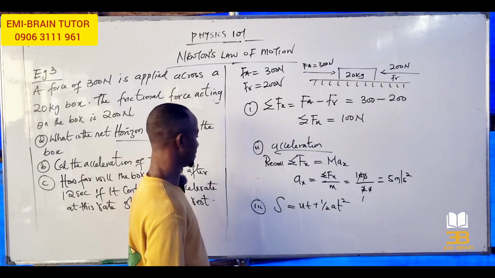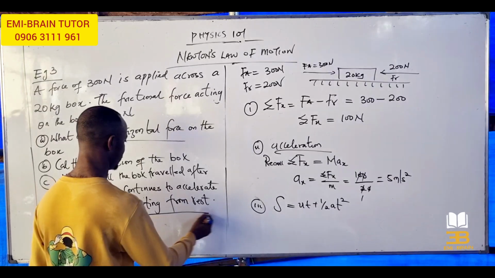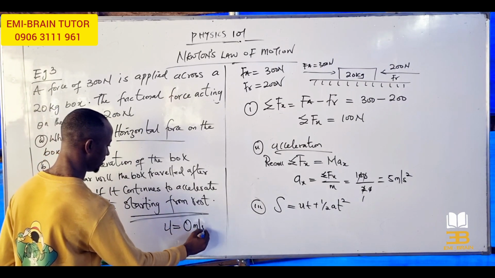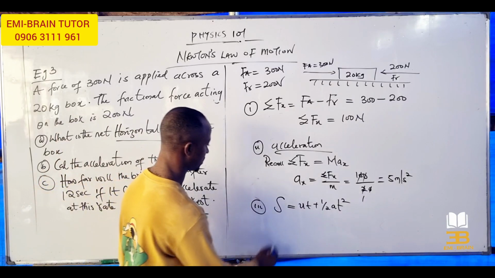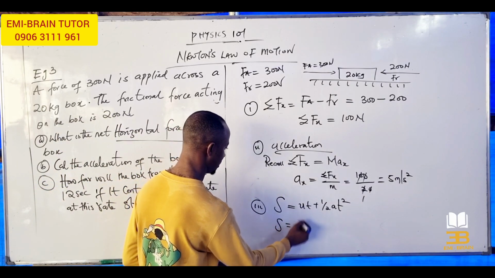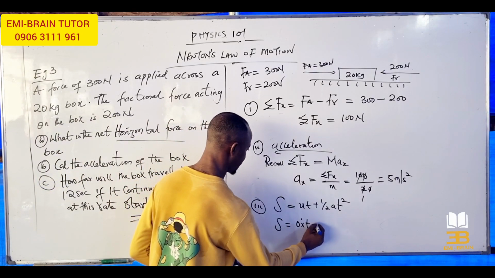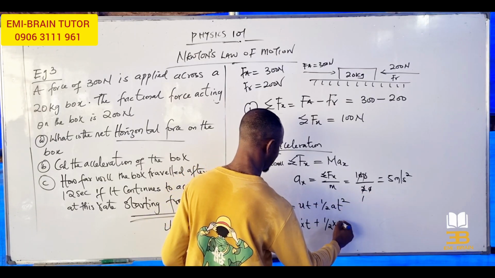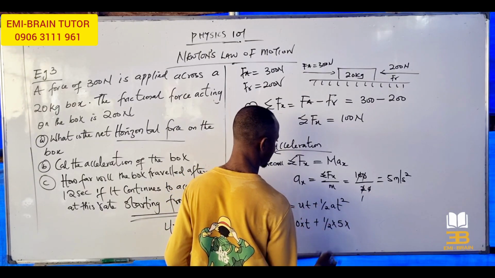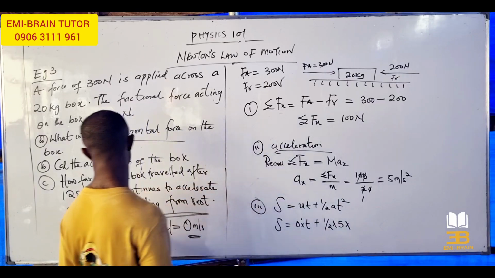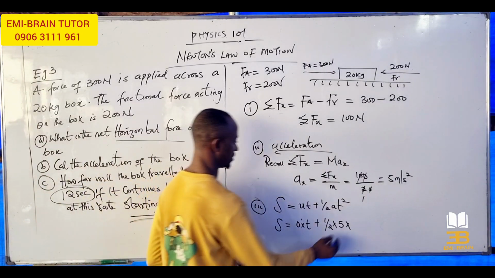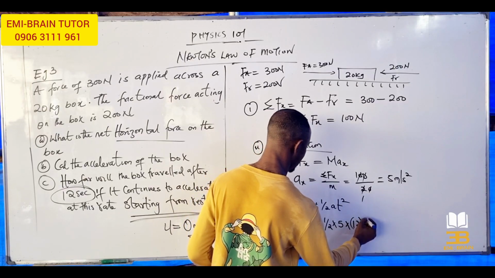Since the body is starting from rest, our u, the initial speed, is 0 meters per second. So our distance is equal to 0 times t plus half times the acceleration, which is 5, times t squared. We are told after 12 seconds, so t is 12 seconds, which is 12 squared.